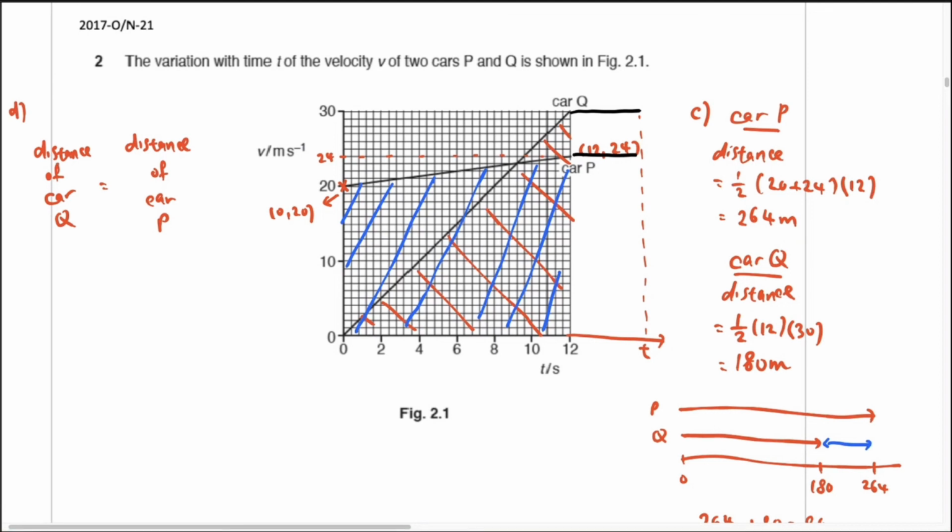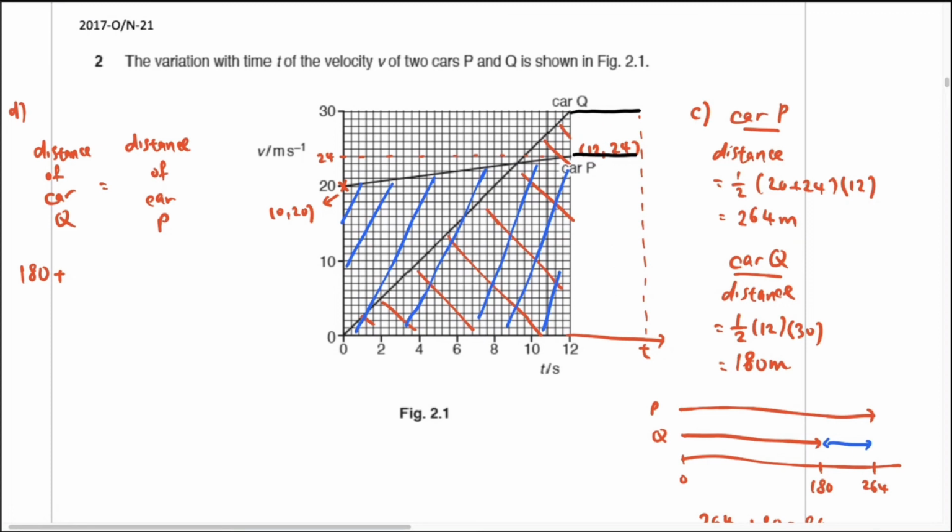I already calculated that for the first 12 seconds, car Q moves 180 meters. Then after that, you should expect car Q to move with the area under the graph as a rectangle shape.